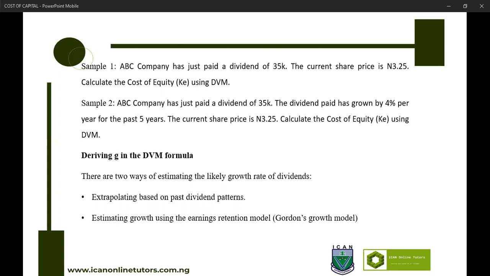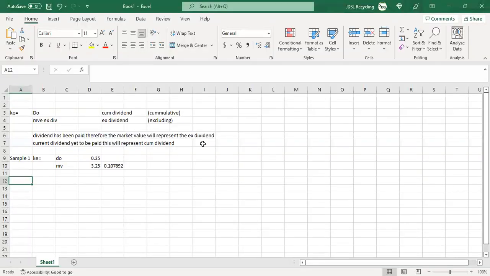So what makes this second sample different from the first sample? There is a dividend growth here of 4%. So in calculating our cost of equity, we are going to make use of cost of equity with growth.